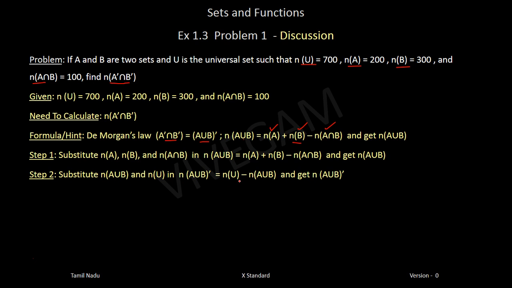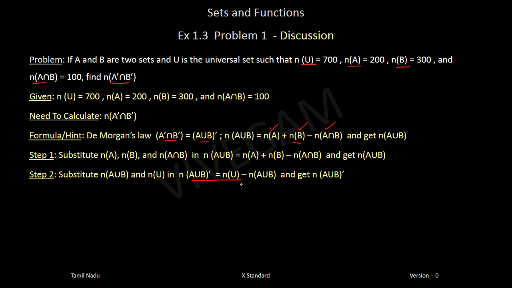That is n of U minus n of A union B. A complement means that needs to be subtracted out from the universal set. So if we have n of U is 700 and suppose n of A union B is 200, n of A union B complement will be 700 minus 200. Okay, so we will be able to calculate it using this formula.